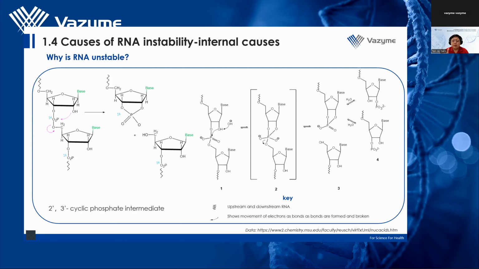The free hydroxyl group, OH, on RNA is easily attacked by nucleophilic reagents, leading to 2', 3' cyclic phosphate intermediate formation, therefore resulting in subsequent decomposition of RNA. It is therefore vital to use fresh samples or adopt appropriate preservation methods for RNA samples when conducting experiments.